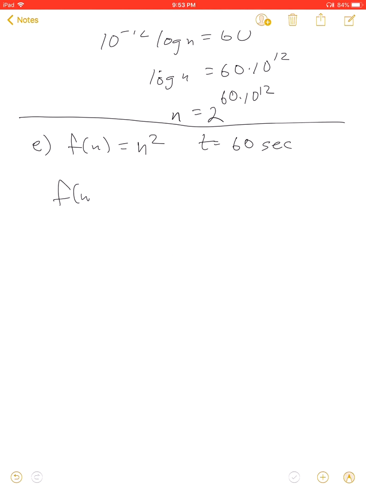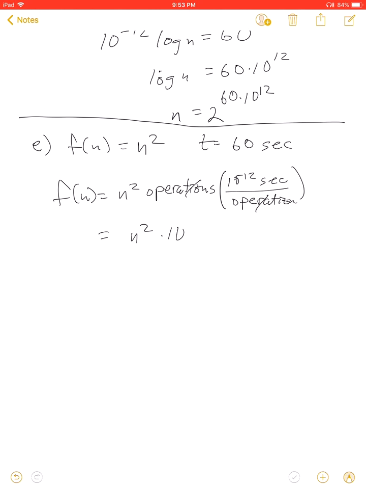So f(n) equals n squared operations times 10 to the minus 12 seconds per operation. Operations cancel, giving me n squared times 10 to the minus 12 seconds.